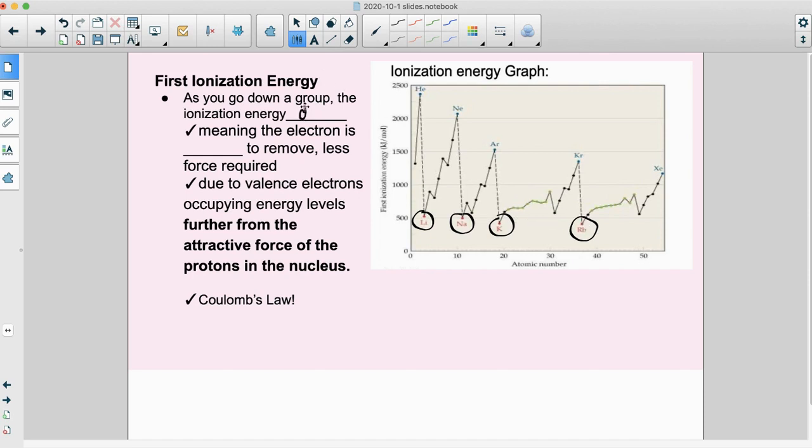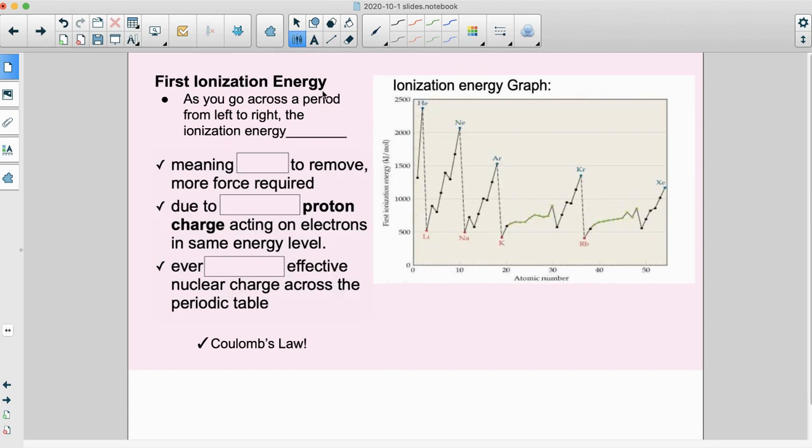Okay, so ionization energy is decreasing, which means that the valence electron, because this is just looking at the first ionization energy, is easier to remove, less force is required. Okay, this is due to the valence electrons going into that outer shell, which is further from the nucleus, right? It adds an additional shell as we go down a group. Okay, so this is a direct application of Coulomb's law. Distance, right? The farther away you are, the attractive force is going to go down.